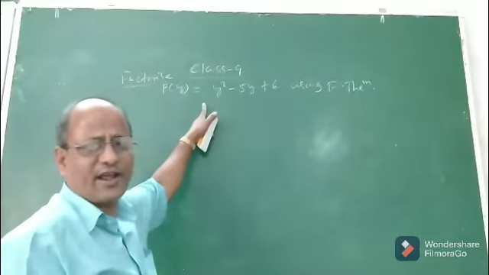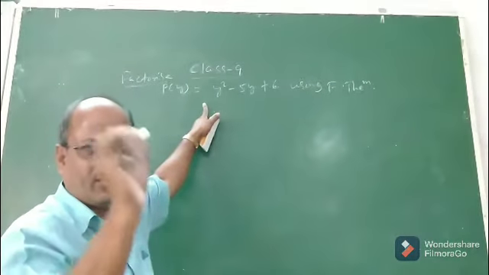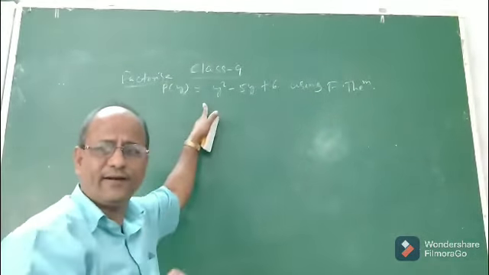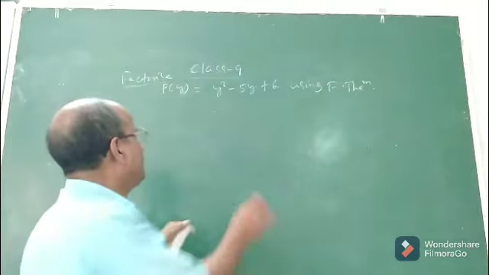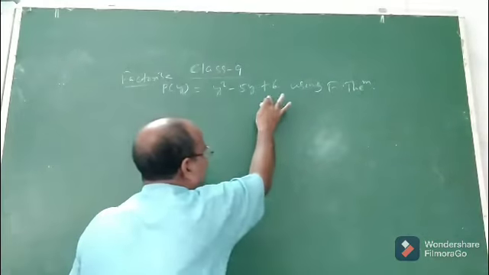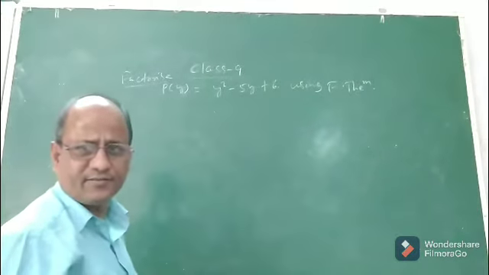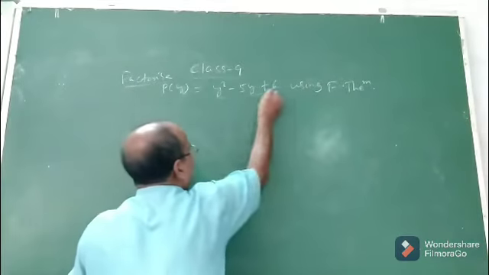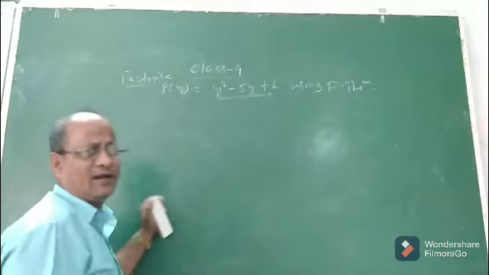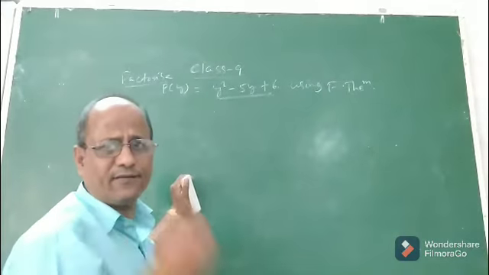I am giving you one example to make you understand the steps, how to factorize any degree polynomial using factor theorem. So, let us consider this quadratic polynomial and try to factorize it. What is the first step?